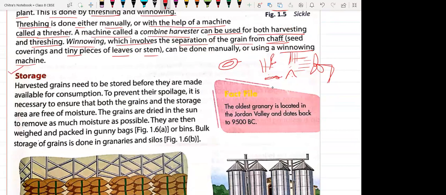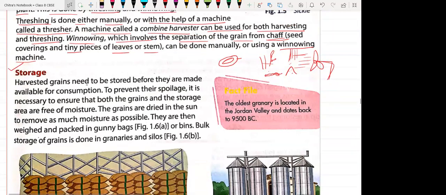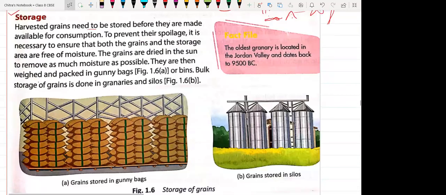Now, after that, a very important process comes, called storage of the grains. Harvested grain needs to be stored before it is made available for consumption, so it has to be placed at a safe place.